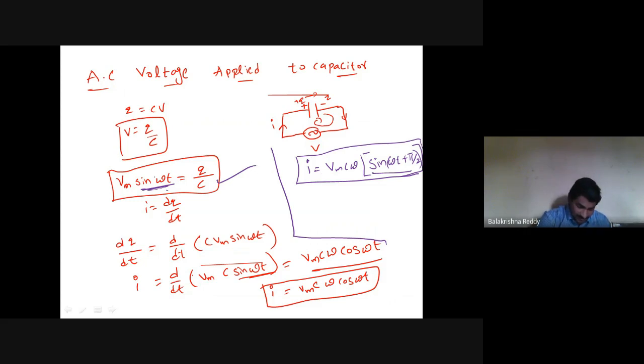If we represent this in the form of equations, I equal to Vm C omega sine of omega t plus pi by 2 is the current equation. I can write this as Vm by 1 by omega C, and that is XC.